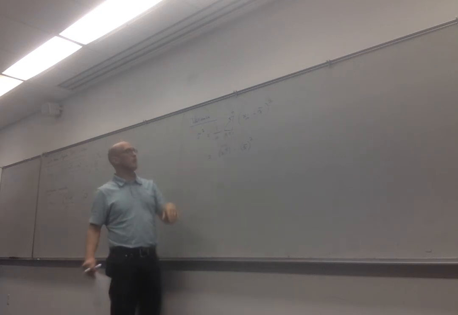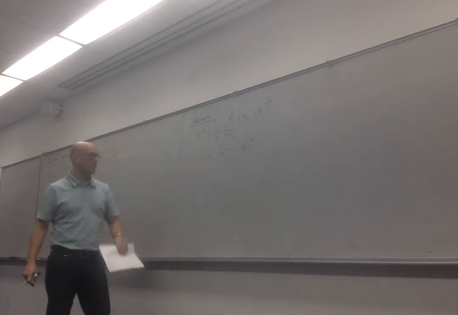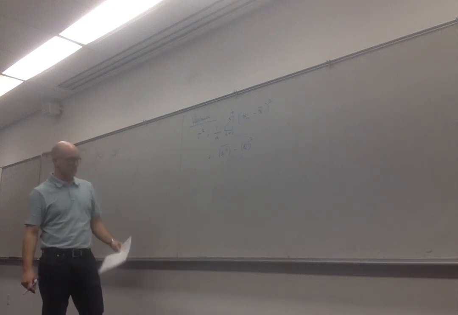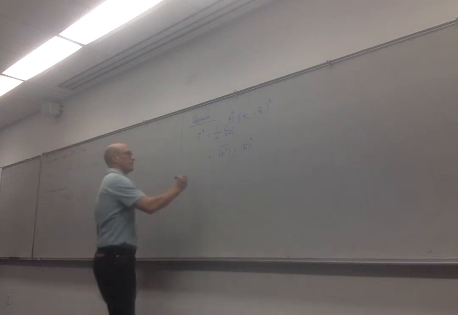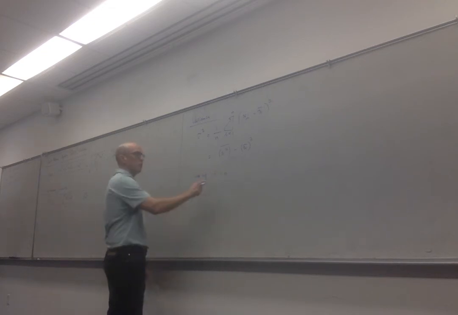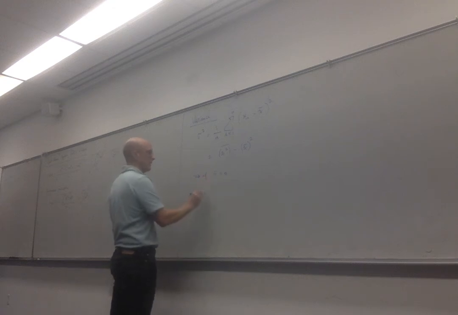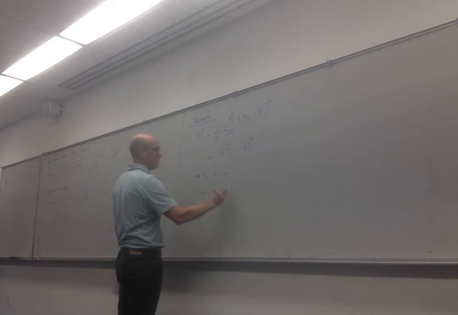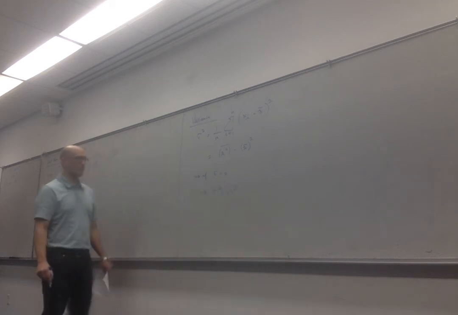You can simplify it and get to this expression. Now, that also means that if you're dealing with an average of 0, which is what we were dealing with, the variance is just the average of the square.